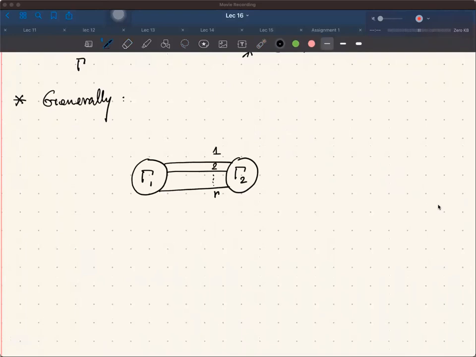And there are external lines. Some of them are connected to gamma 1, and some of them are connected to gamma 2. This can be a general structure of a graph, and this entire thing is gamma.